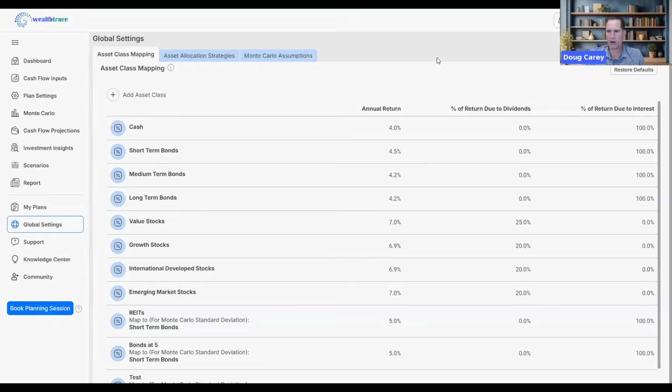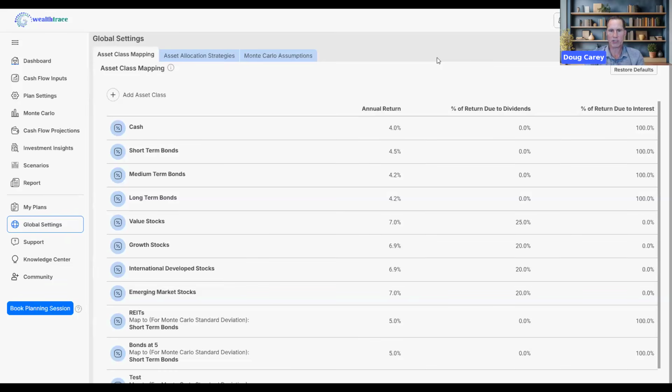Someone's asking about Monte Carlo, how to map it, like gold, silver, commodities. I think the user needs to do a little bit of research, generally speaking, to look at the volatility. So, for example, gold. What's the standard deviation of gold over the last 30, 40 years?